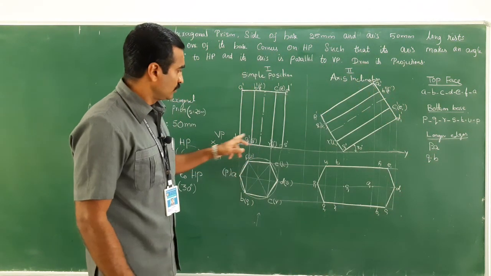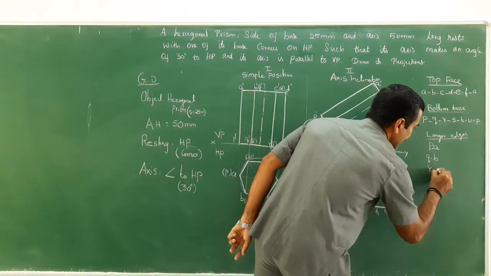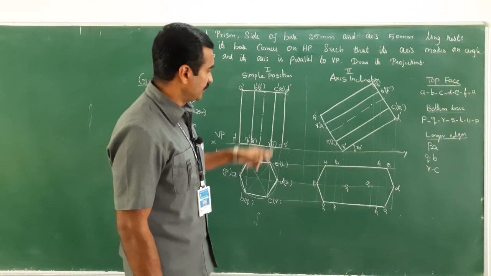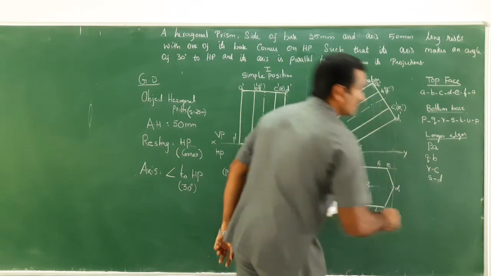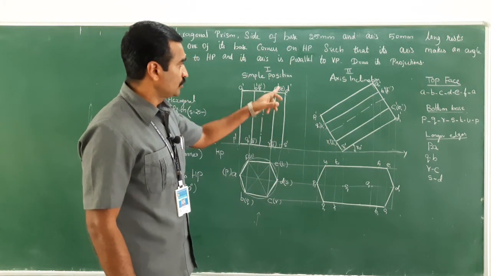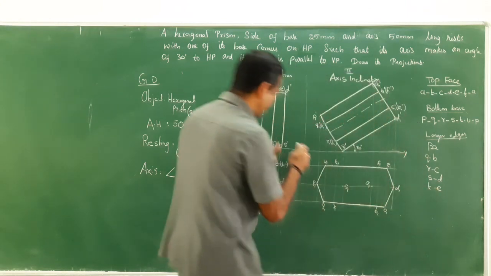Next, R to C. So RC is the next longer edge. Next, S to D. S to D is the next longer edge. Next, T to E. That is within the bracket, right?